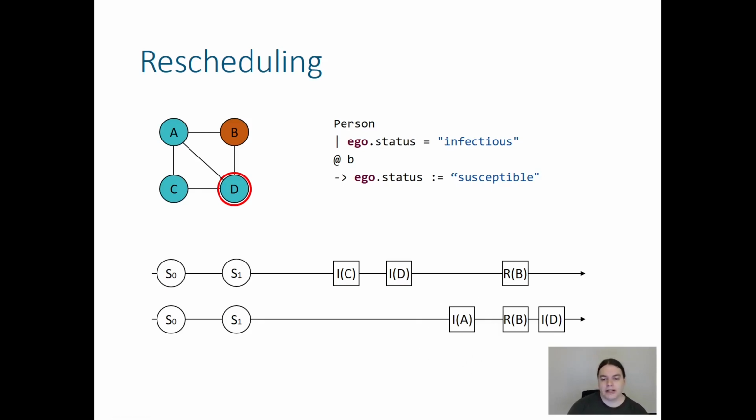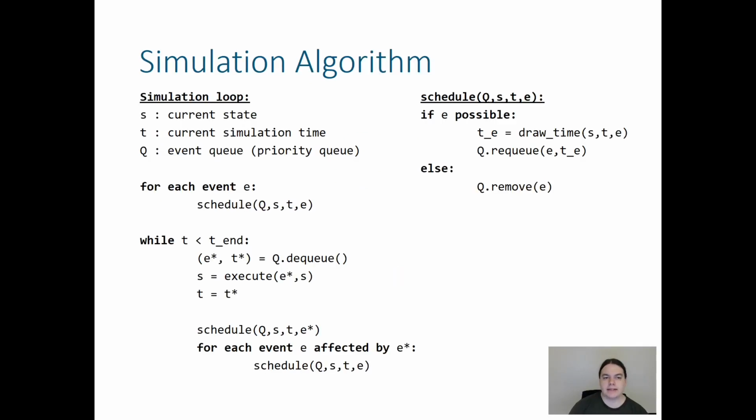Let us now look at the simulation algorithm as a whole. So we have one variable S, where S is our current state, and T is our current simulation time.